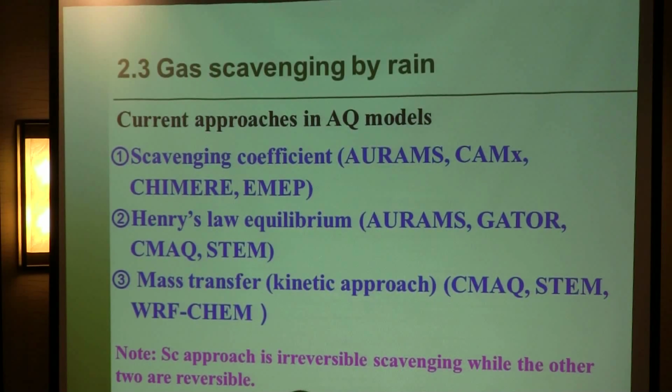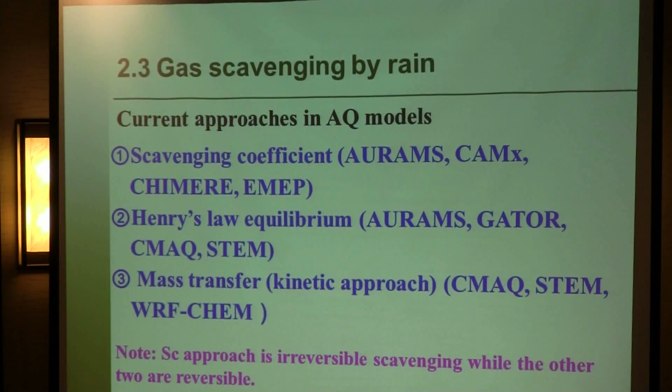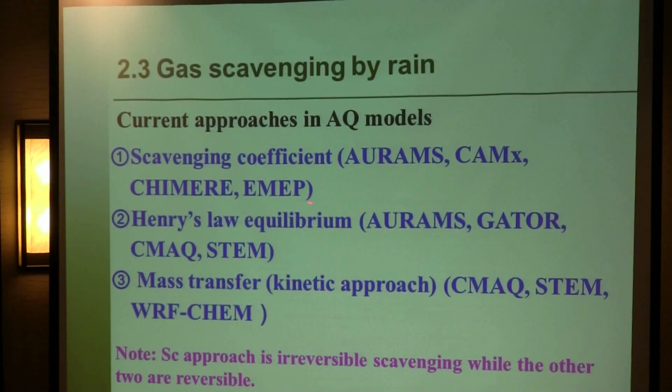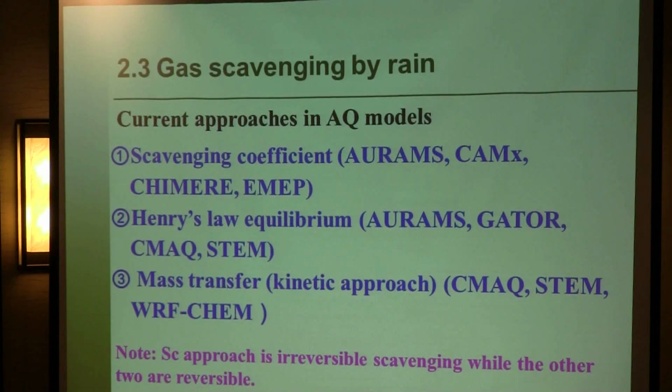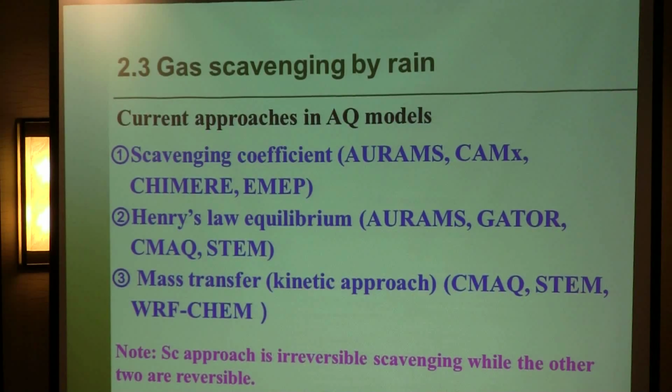For gas scavenging, there's very limited knowledge on this. Again, scavenging coefficient is one commonly used approach, and some use Henry's law equilibrium, which means you assume the gas concentration is in equilibrium within the air and inside the water, inside the droplets.